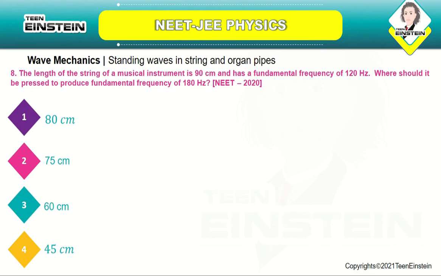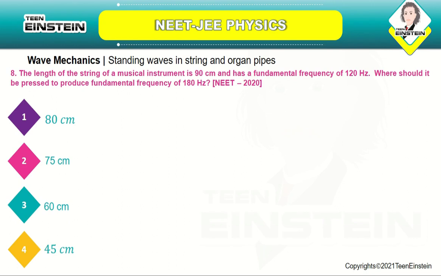The length of a string of a musical instrument is 90 centimeters and has a fundamental frequency of 120 hertz. Where should it be pressed to produce a fundamental frequency of 180 hertz?